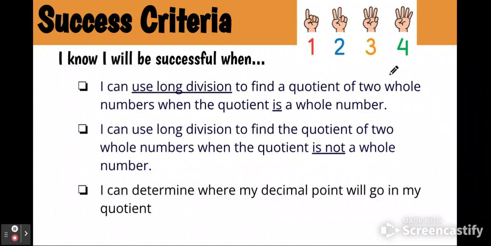A 4 would mean I'm an expert. I can not only do long division in my sleep, but I can definitely teach other people how to do long division. Rate yourself from 1 to 4 now, and give me at least a couple of words or a full sentence to explain why.